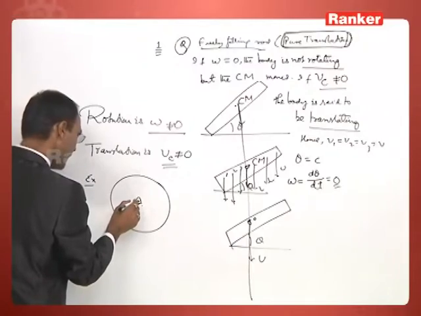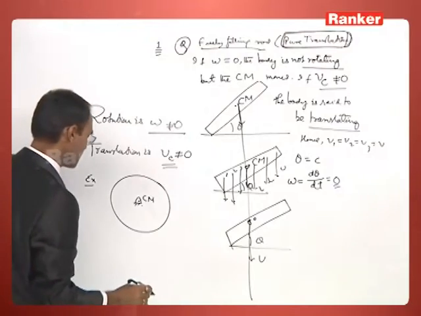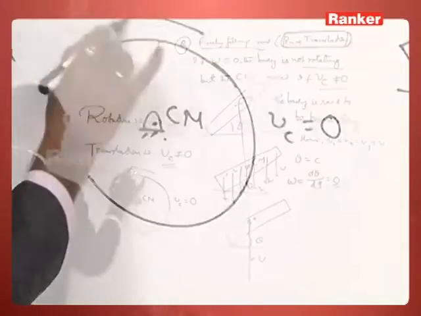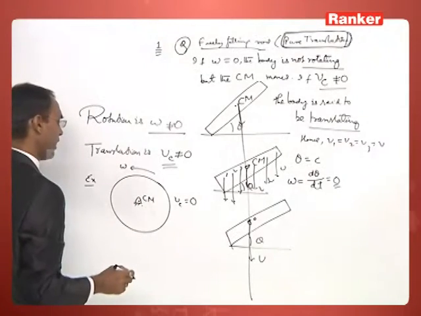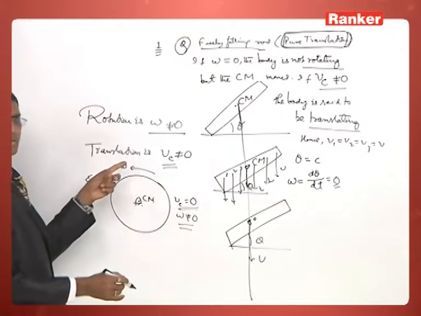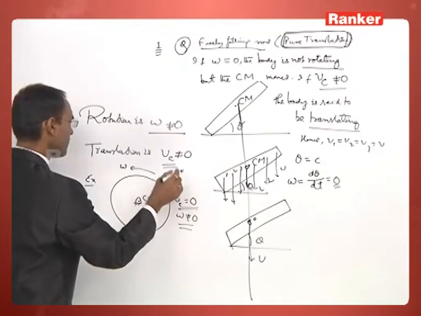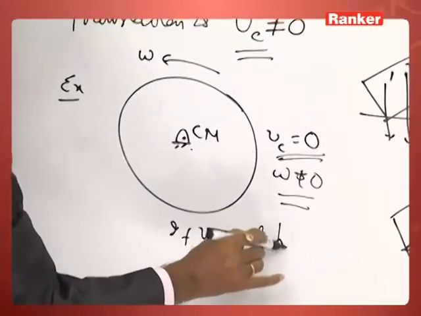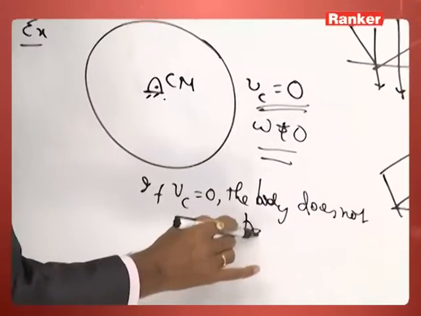Next, I pin the center of mass of the disc. When I pin it, the center of mass velocity will be equal to 0, and then I give a spin. I rotate it with omega. Here omega is not 0, but Vc is 0. This comes under which category? When Vc is equal to 0, the body does not translate.